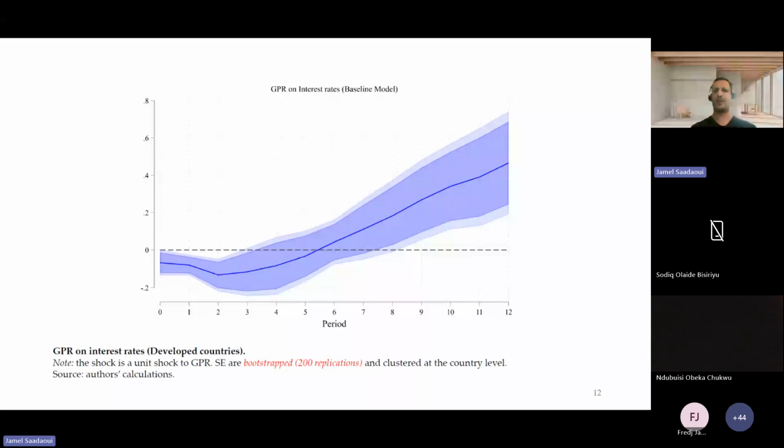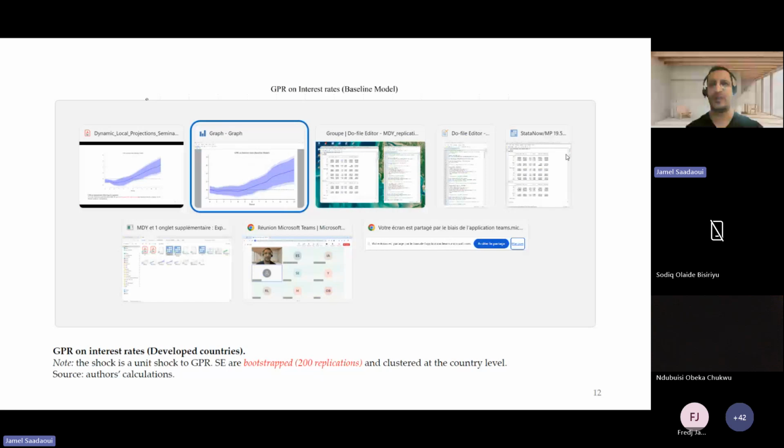Part of the answer is in what Fred Jawadi mentioned: industrialized countries have faced larger geopolitical risk shocks, with the exception of Israel and China, which are in the group of emerging markets. So let me go back to the code and try to decipher what happened.